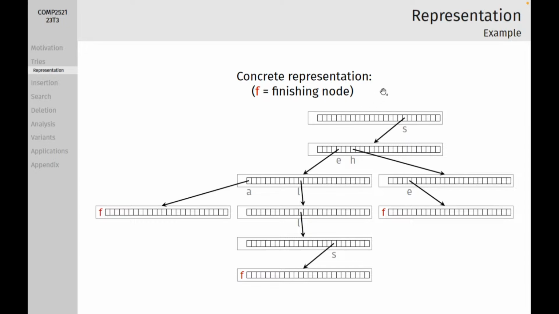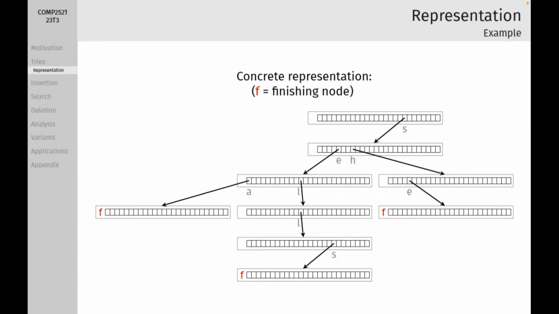In that case, I think we might not be able to distinguish whether certain words are in the trie or not, because if we combine these two nodes, that means both the E pointer and the H pointer point to the same node. If we mark the node as a finishing node, then we wouldn't know whether SE is in the trie or SH or both. So we need to separate them.